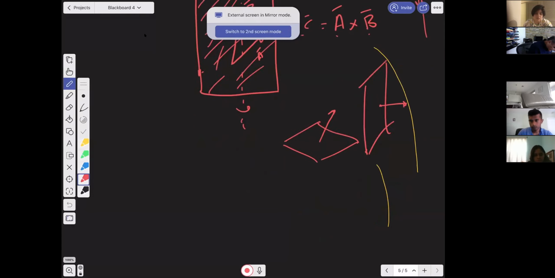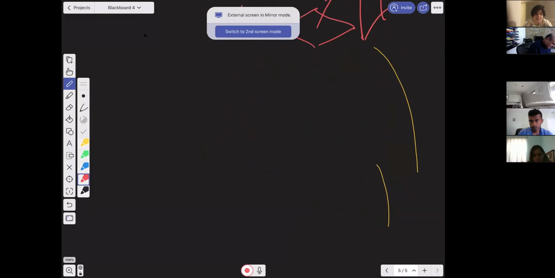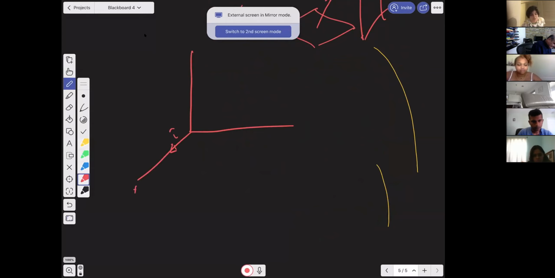So the first thing that I'm going to ask you is this. This is the vector i that is on the x-axis. This is the vector j that is on the y-axis. And this is the vector k that is on the z-axis.